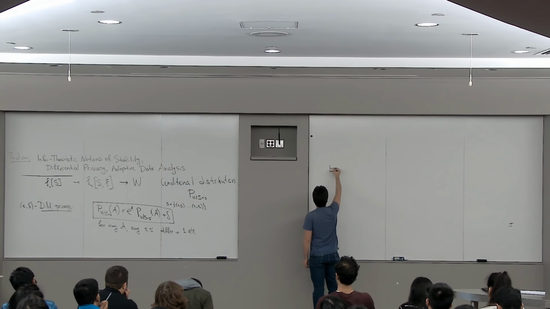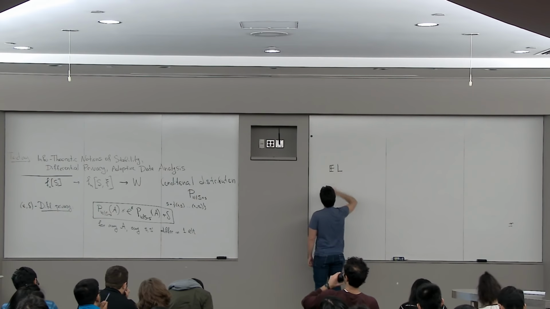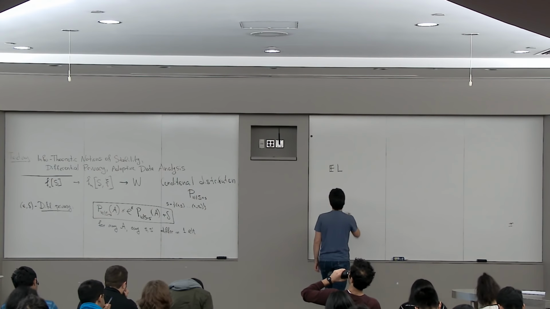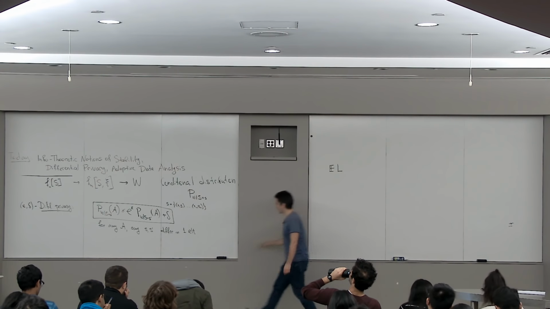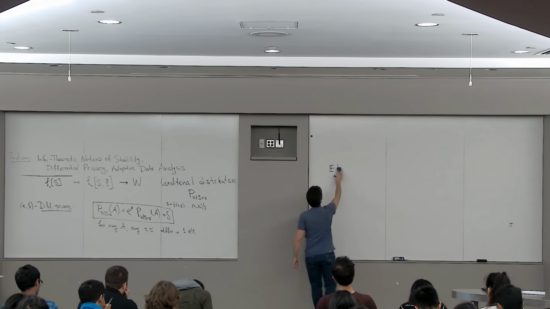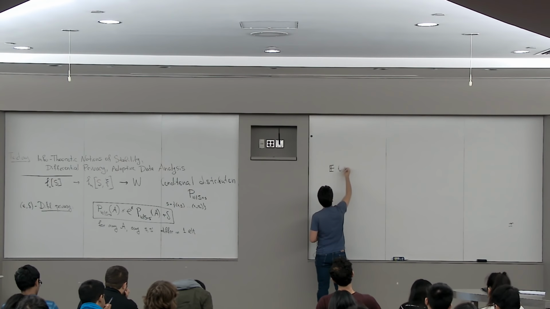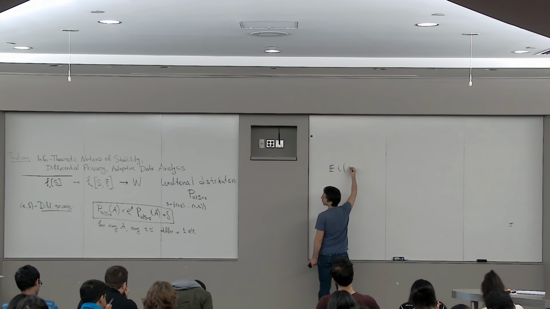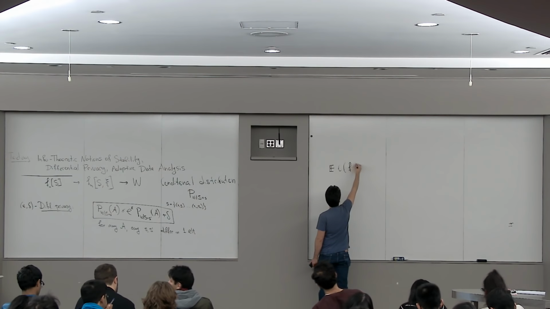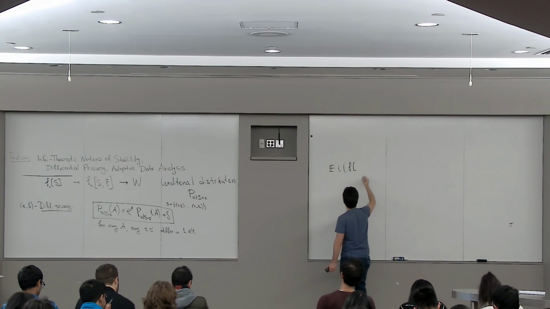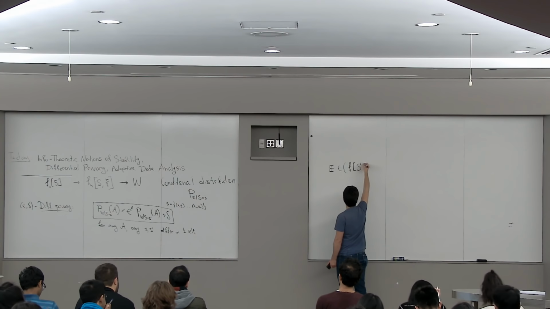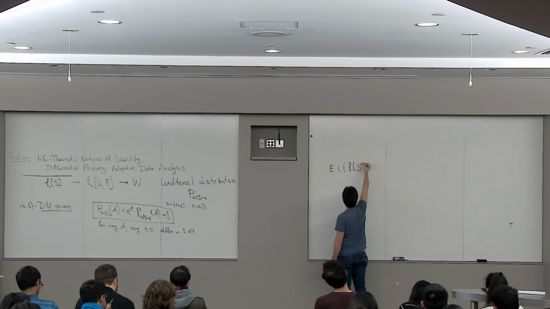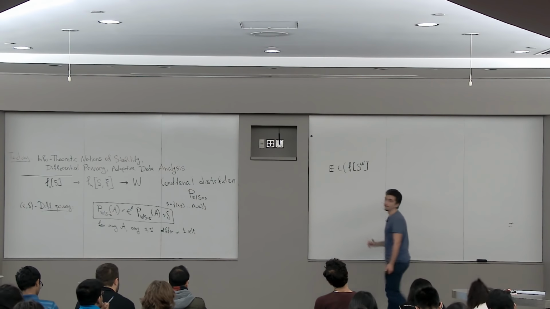Let's write down the expected loss, let me write it out, of f hat when you train it on a data set S where the ith person, let's say, is replaced with a z prime. Okay?